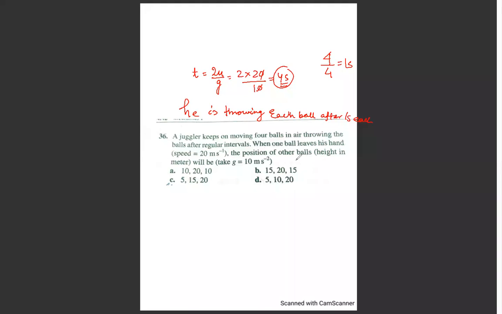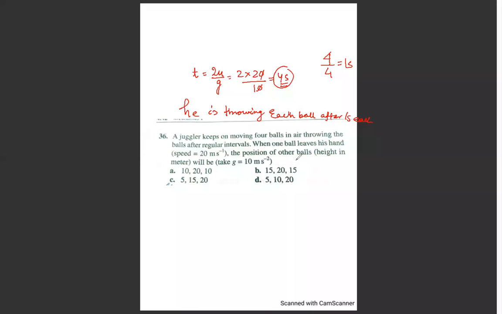When the fourth ball is leaving his hand, find what would be the displacement traveled by the body or the distance traveled by the body during that. So if the fourth ball is released from his hand, what will be the distance by the third one, second one, and the first one?